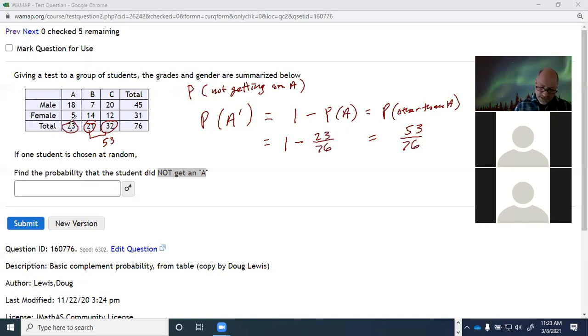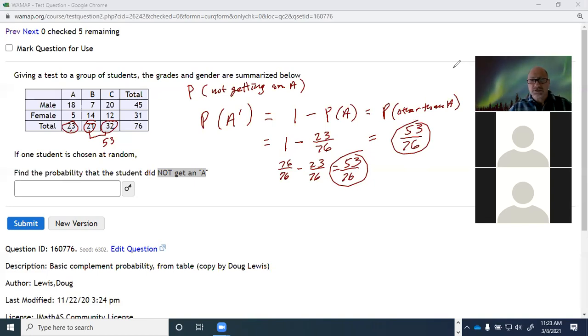Here's your A's total. Now 1 minus 23 out of 76: you'd have to change this 1 to 76, and 76 minus 23 is 53 out of 76. So you get the same thing. Okay.